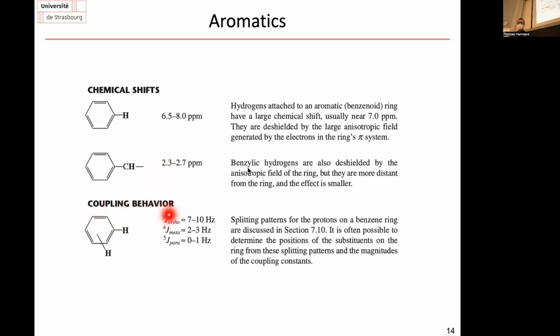And you can have coupling behavior that depends on if you have ortho, so the position just next to it, or meta or para, right? As you can see in this book, there's an entire chapter on all these aromatics and their splitting. So there are many rules and many well-documented cases in spin-spin splitting that you can consult.